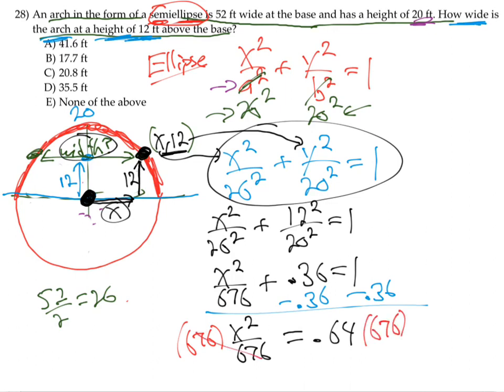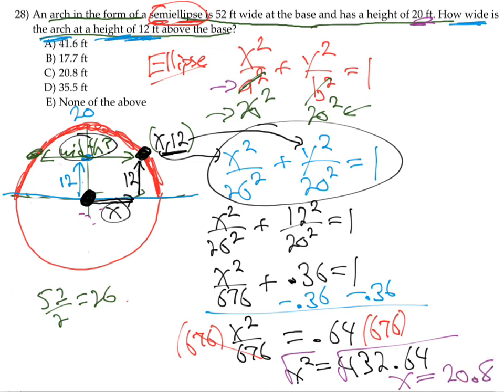Boom. X squared equals 432.64, and then we root it, so x equals 20.8.